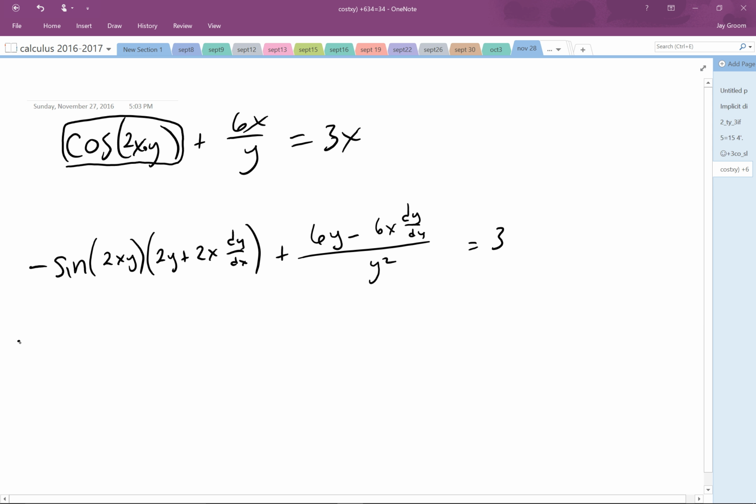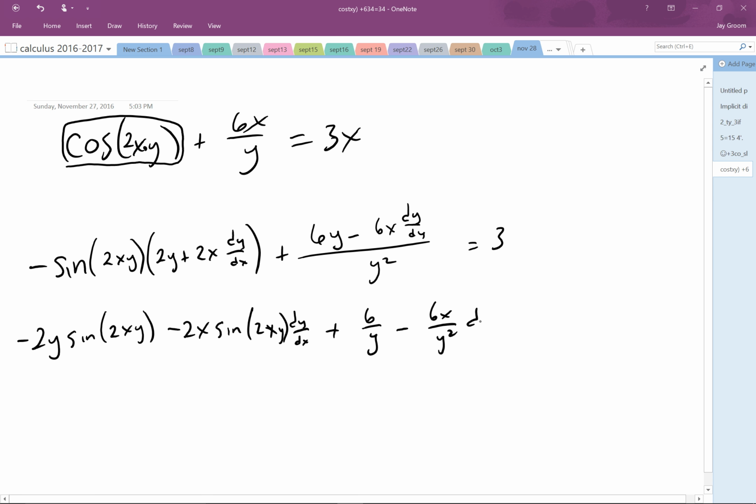So if you distribute this, you're going to get negative 2y sine 2xy plus negative 2x sine 2xy dy dx plus 6 over y minus 6x over y squared dy dx equals 3. Now again, move everything without a dy dx.